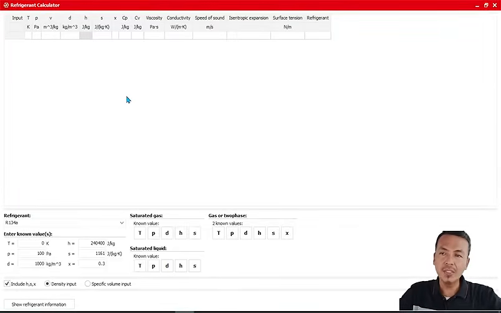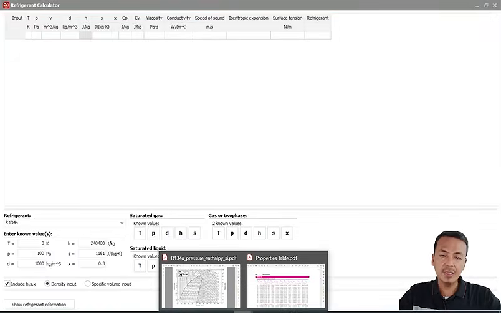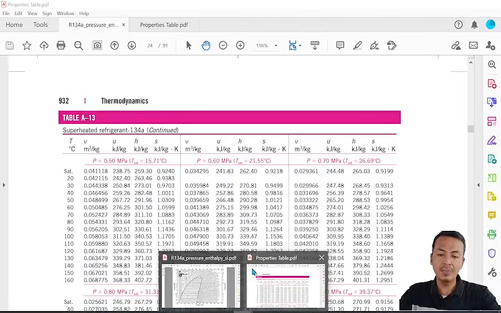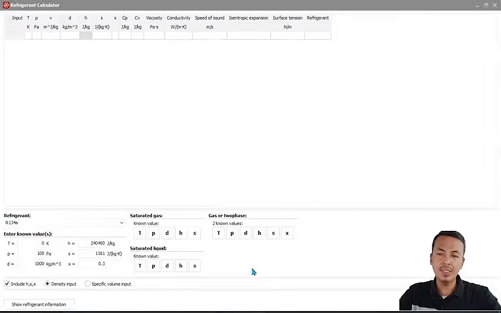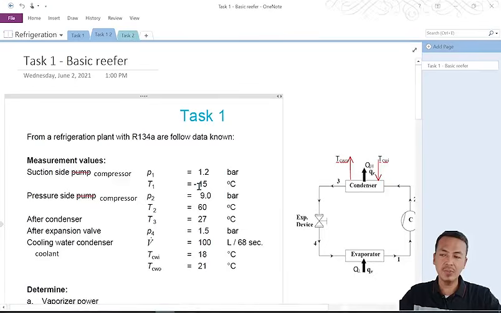In the refrigerant calculator, you need several known values or parameters. In my case, I have the task number 1. For the problem after evaporation, I have the data at 1.2 bar and minus 15 degrees Celsius.